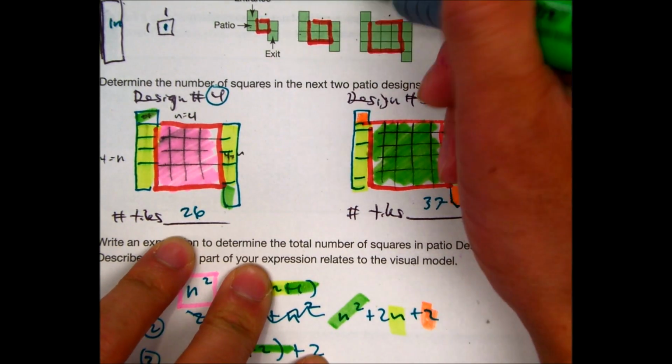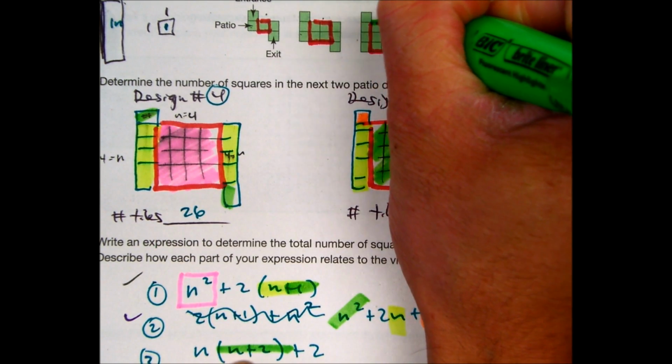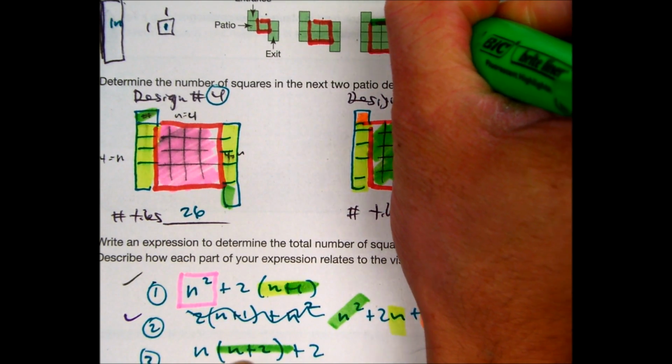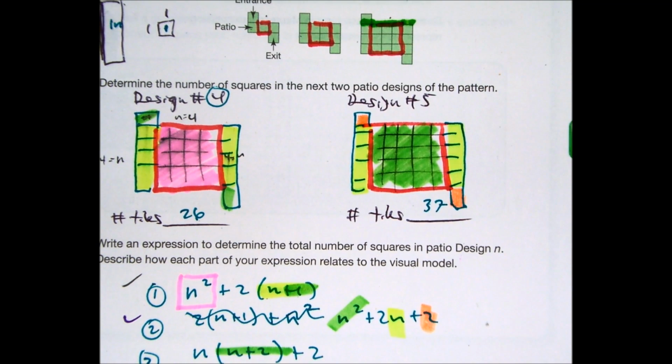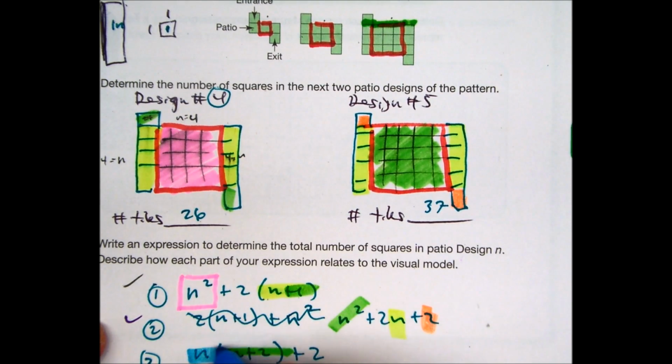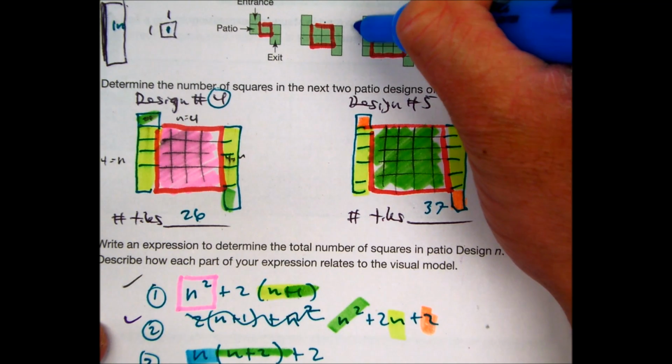Yeah, right here. So the n plus 2 is n. And then this is plus 1, and this is plus 2. Do you know where the n is? This side of the box, which is our n design number is 3, so we have 3 here.